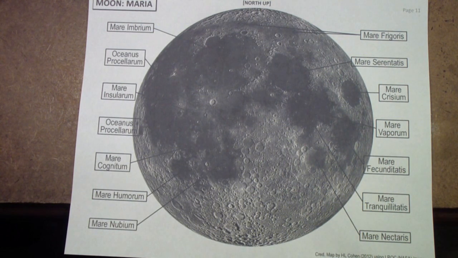Well, some filters try to reduce the effect of that moon glow on your image of the Orion Nebula, for example, whether it's visual or photographic.